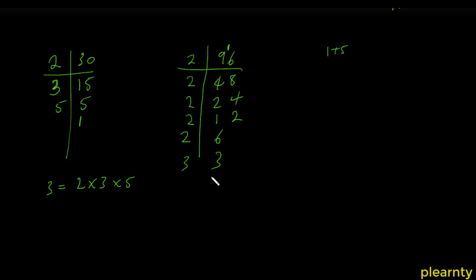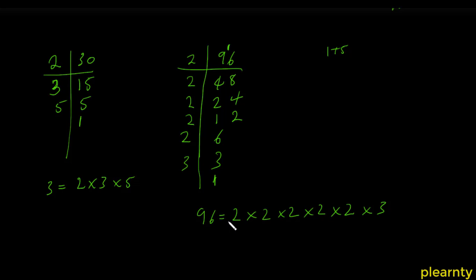And 3 will divide 3 to give 1. So what are the prime factors of 96? 96 is equal to 2 times 2 times 2 times 2 times 2 times 3. So it's as easy as that.